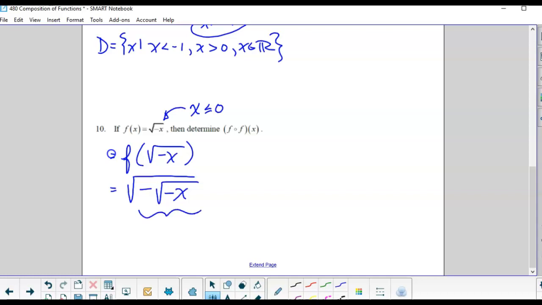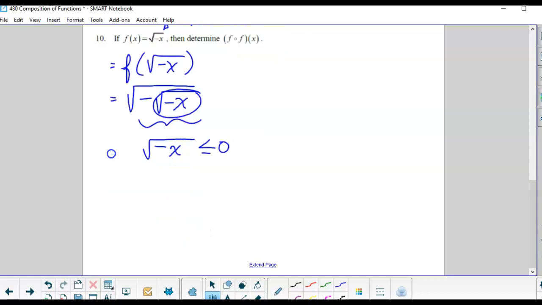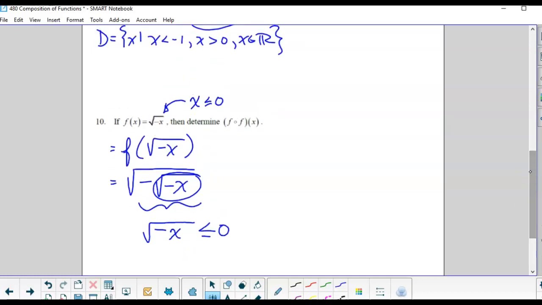So we're going to get a positive out here, from this, changing the sign. So that means that the root of negative x has to be less than or equal to 0. So we have to basically solve this in our final composition. Square both sides. So then we get x greater than or equal to 0 when we solve that.